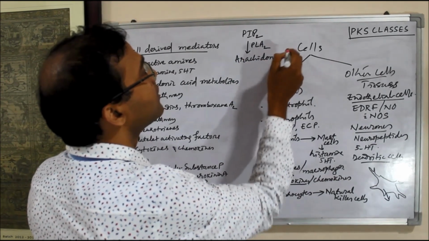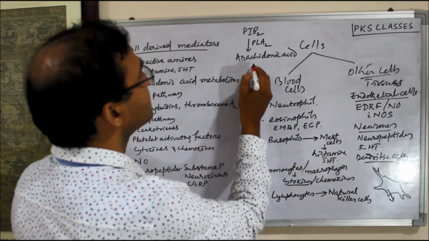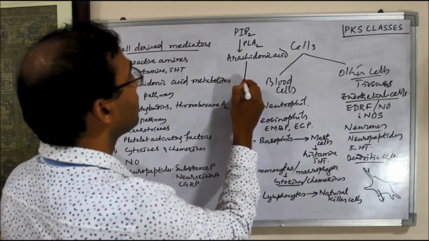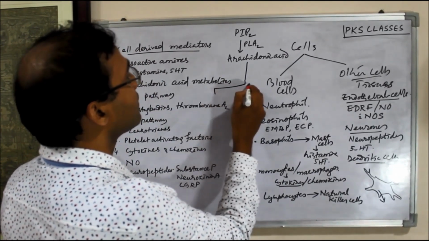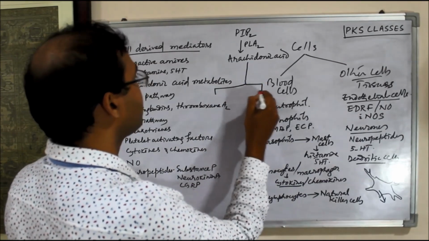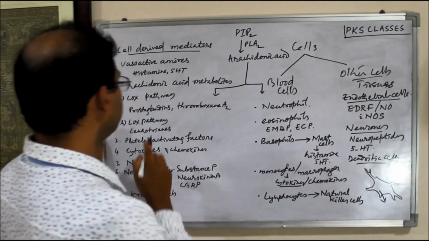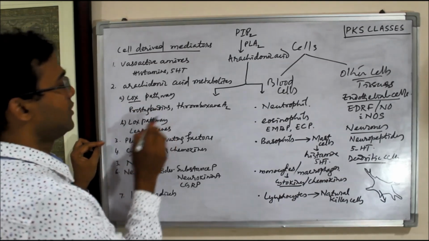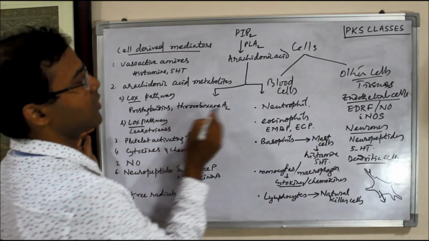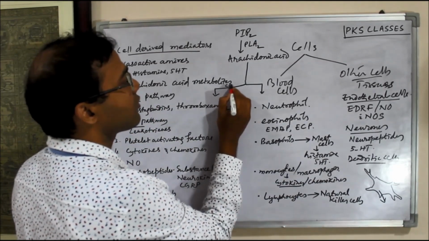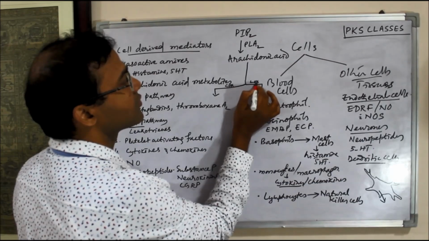This arachidonic acid can follow the cyclooxygenase pathway, called COX, or the lipoxygenase pathway, called LOX. So COX pathway or LOX pathway.